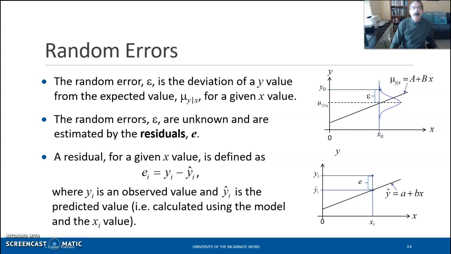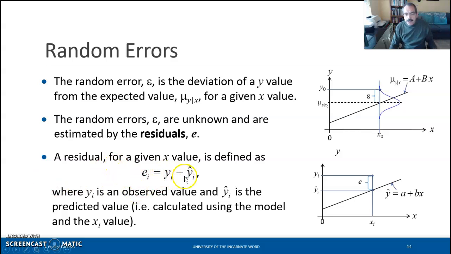All right, so now going back to the random errors, these epsilon values, the random deviations of a y value from its mean, are unknown because we don't evaluate every member of the population. But these random errors, these epsilon values, are estimated from the residual values. A residual for a given value of x is just the difference between the observed value minus the value predicted by the model that we fitted to the data.